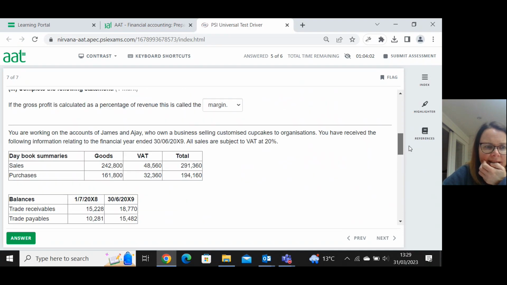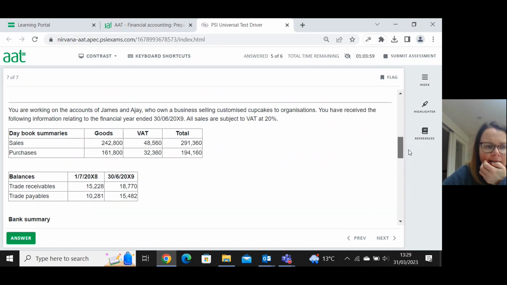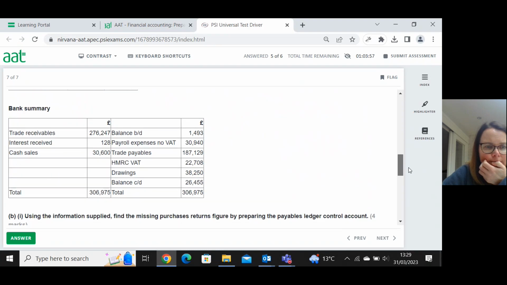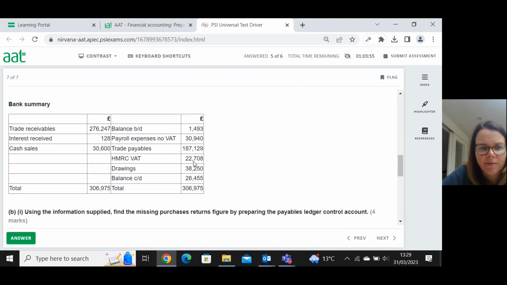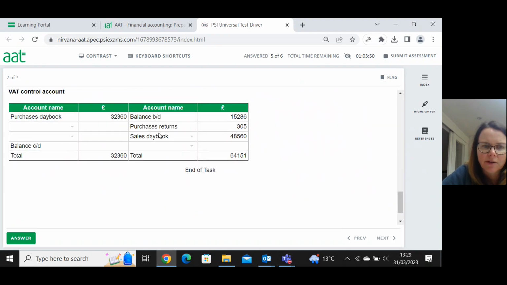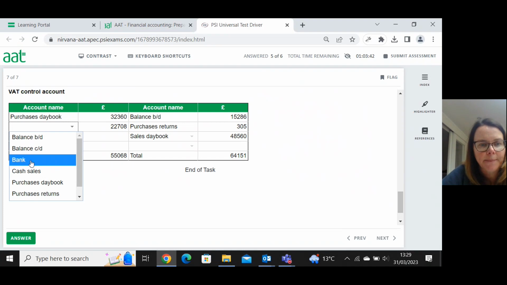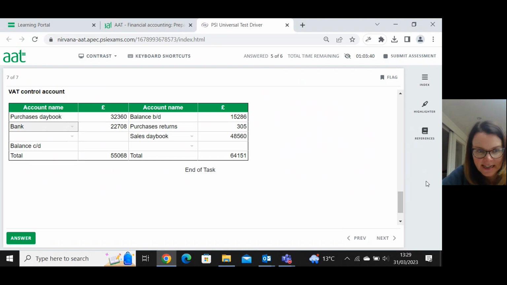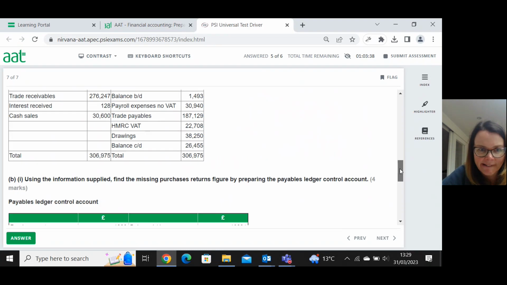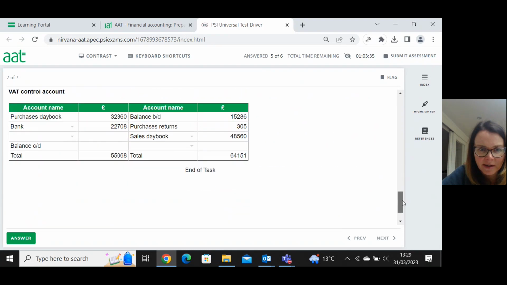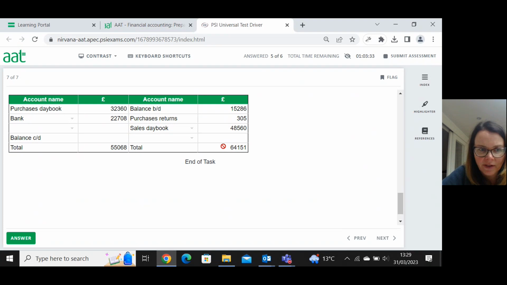What else goes in the VAT account? There's a payment to HMRC, so 22708 bank. So it's credit the bank, debit the VAT, 22708 from the bank. Is there anything else? Don't think so. Right, so now you can see the balance carried down. There was a bit of a clue I had to put more in because it was on the wrong side before.